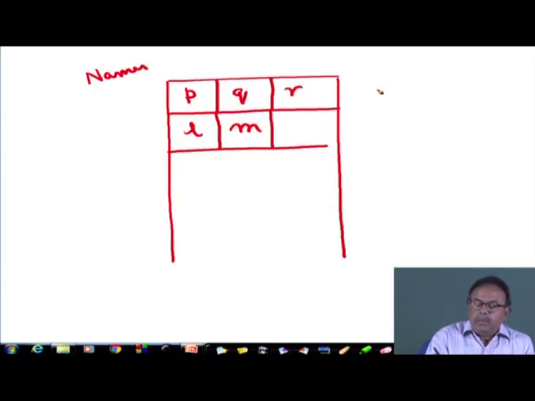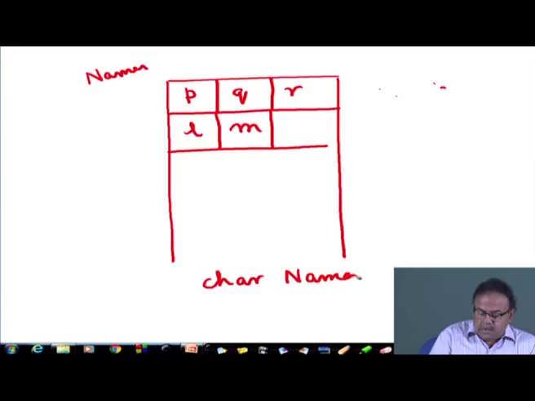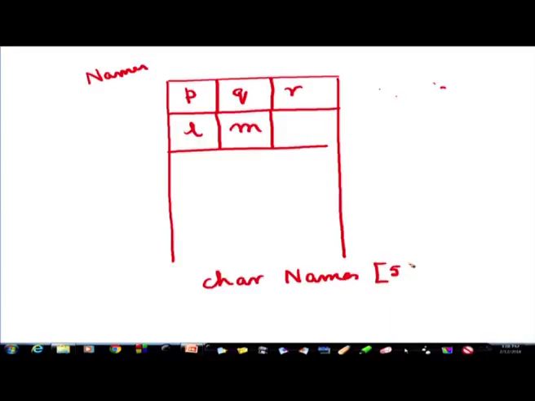There are 5 names, 5 rows, and each row is a character array. So, char names, 5 rows, and each row may have 3 columns, at best like this LMP, LMK, PQR, like that say.